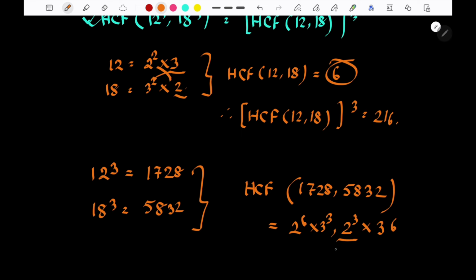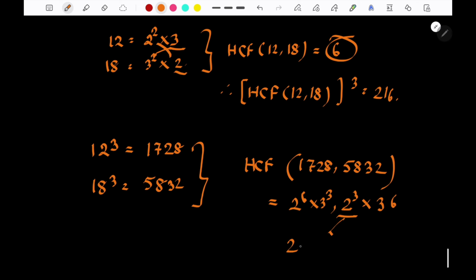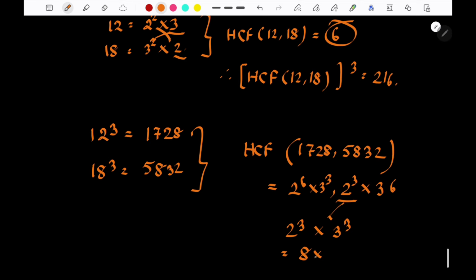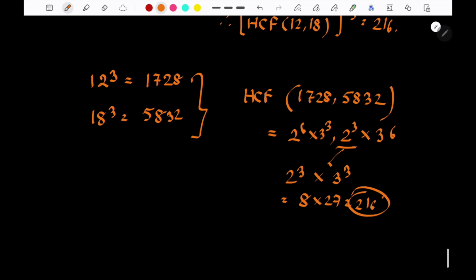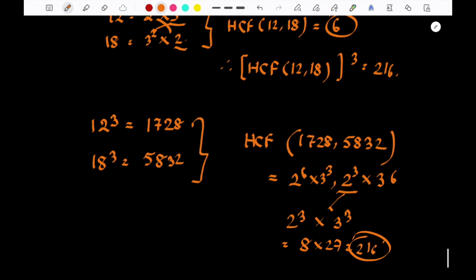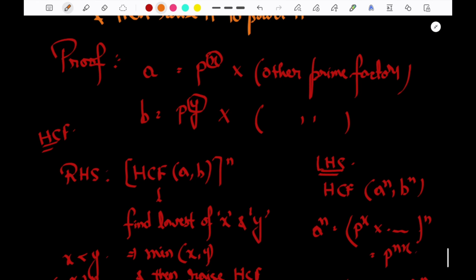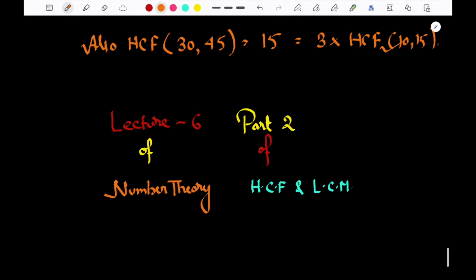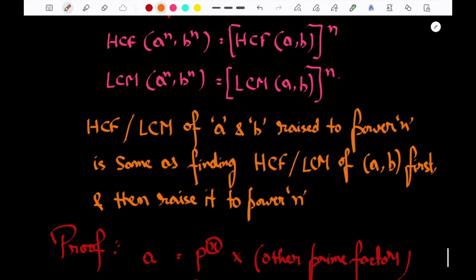If I choose the minimum of these, that is 2 cube into 3 to the power 3. So basically it will be 8 into 27, which is again 216, and this is proved. Same way for the LCM we can prove it. Okay, done.